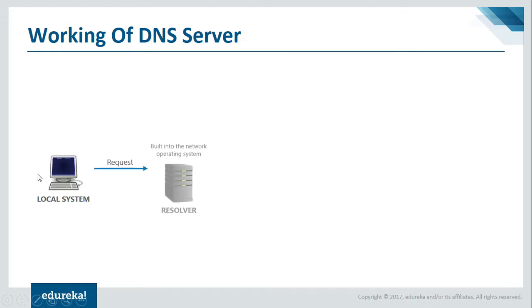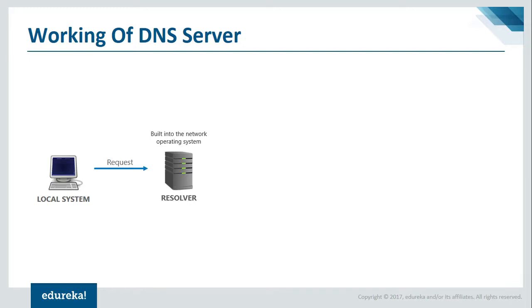But even if I remember the IP address, I can type that in, and my local system would first send that request to my resolver. This resolver lies inside my network operating system. It's built into my network operating system, and its main role is to help the network communication between you and the outside world. It helps you communicate with the various IP addresses.